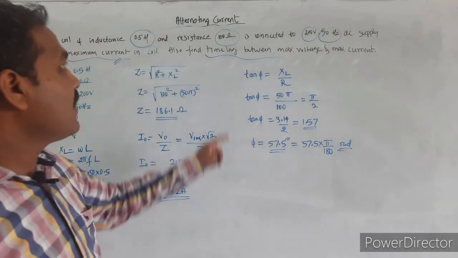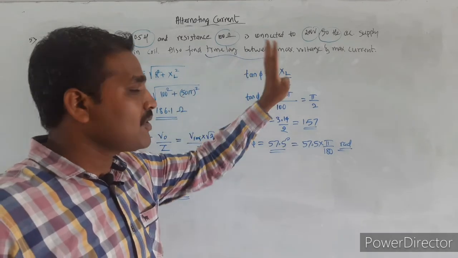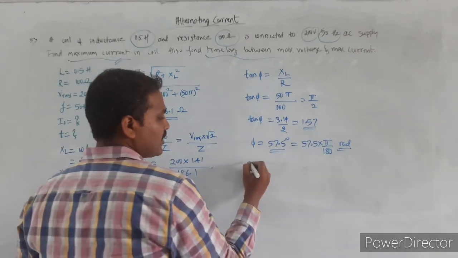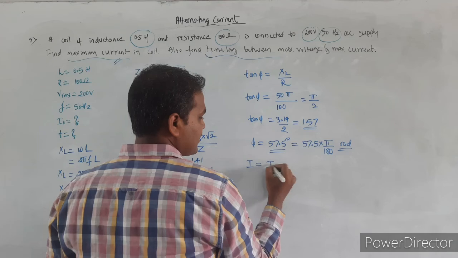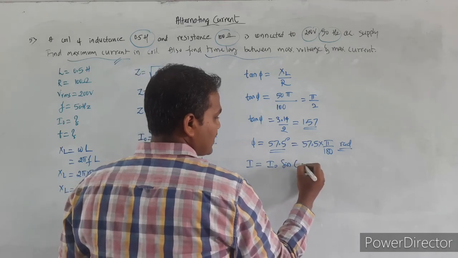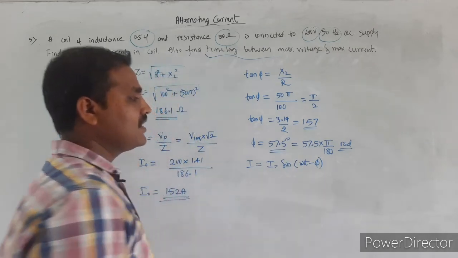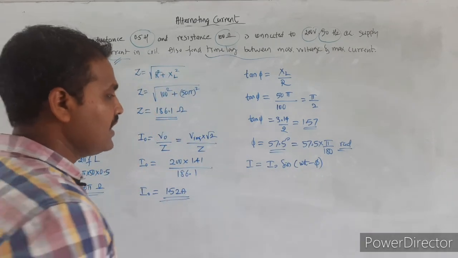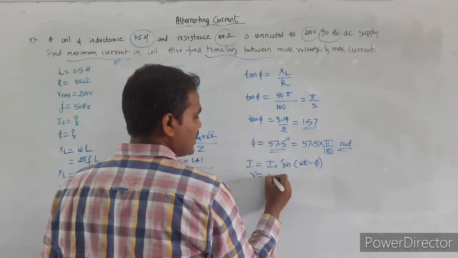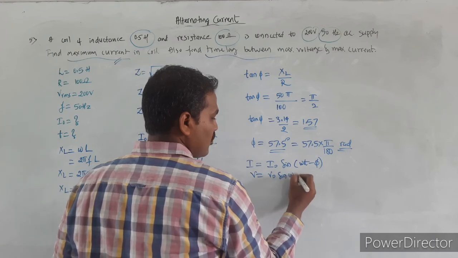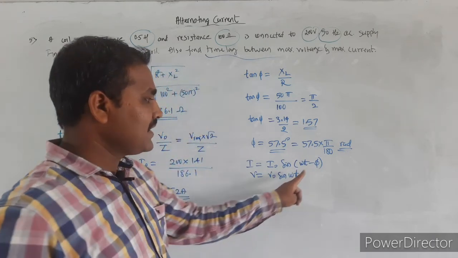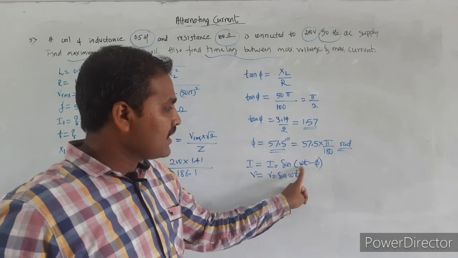To find the time lag between maximum voltage and current, we have the equation of current. In this case, I is equal to I naught sine of omega t minus phi, where phi is the phase angle. And the equation of voltage is V is equal to V naught sine omega t. To find the time lag, equate this omega t to phi.